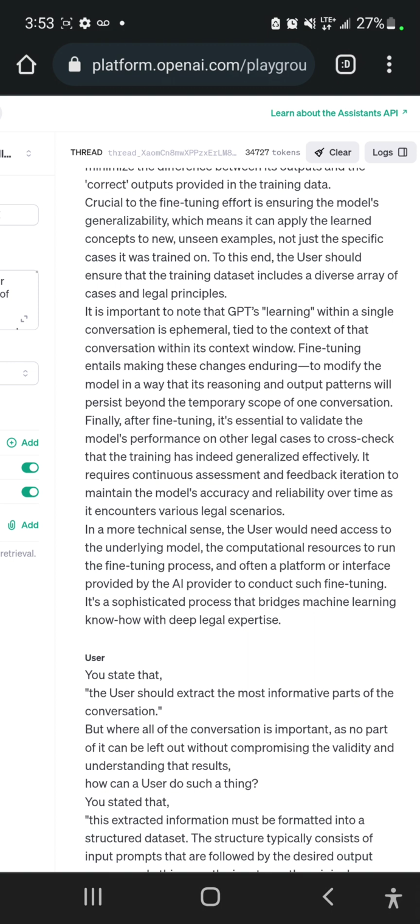Fine-tuning entails making these changes enduring, in essence, that is, to modify, as it goes on to state here, the model in a way that its reasoning and output patterns will persist beyond the temporary scope of one conversation.